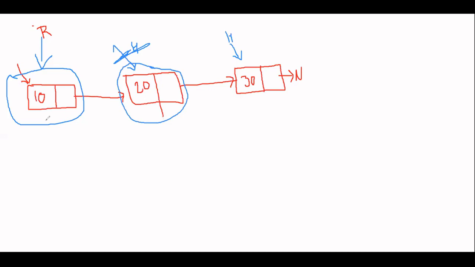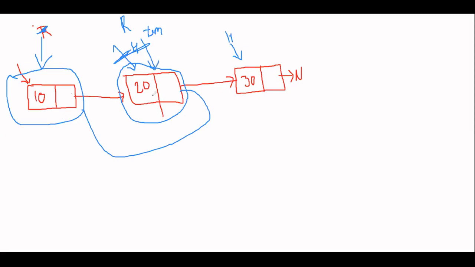Suppose there is another linked list that has been created, and this node should be added to the front of it. So let's store it into temp, and temp's next should point to reverse head, and reverse head should point to this node only. So reverse head is currently pointing to this node, and its next is pointing to 10.